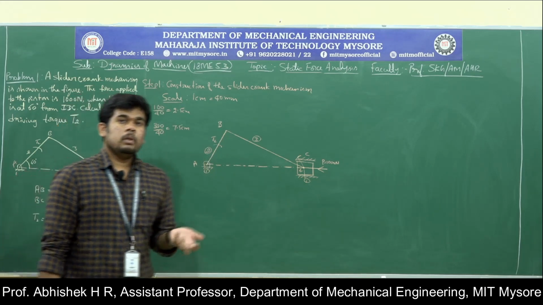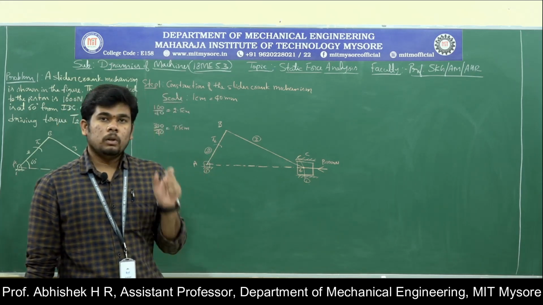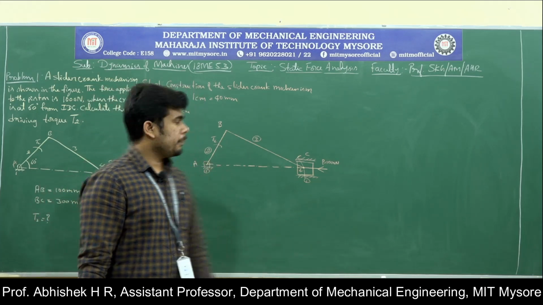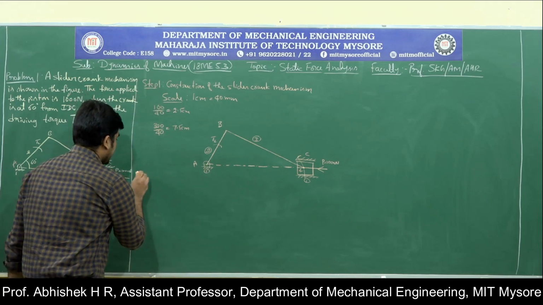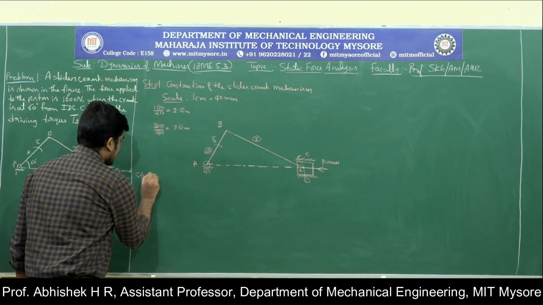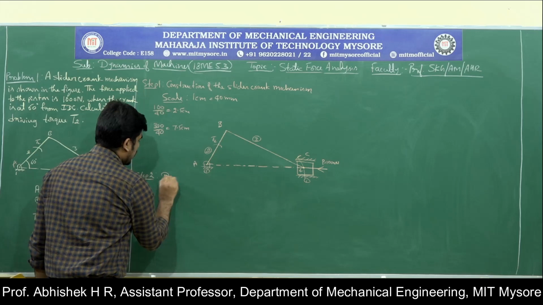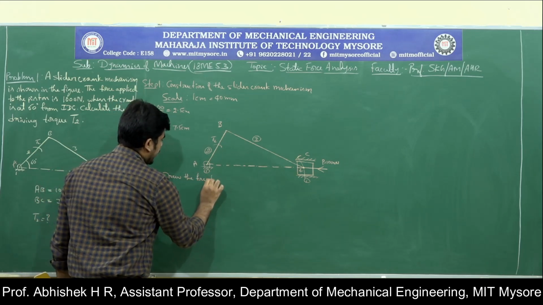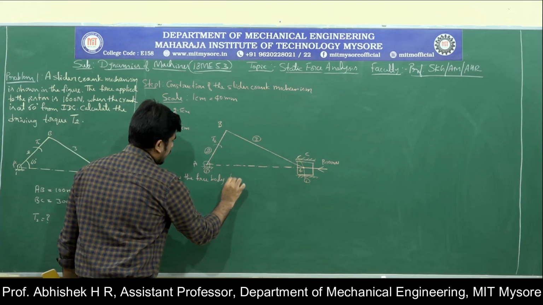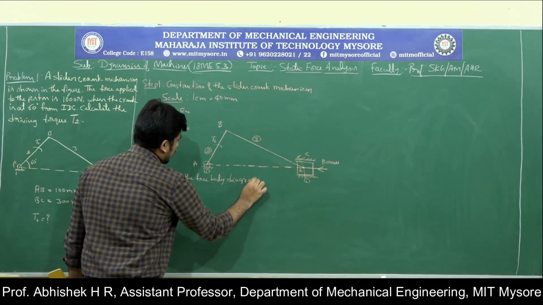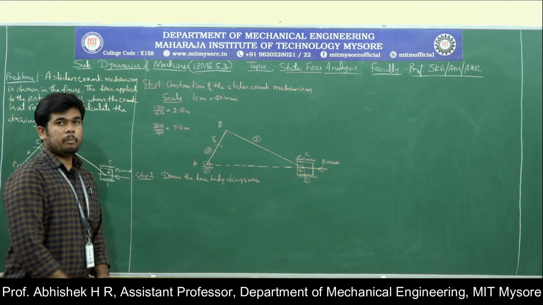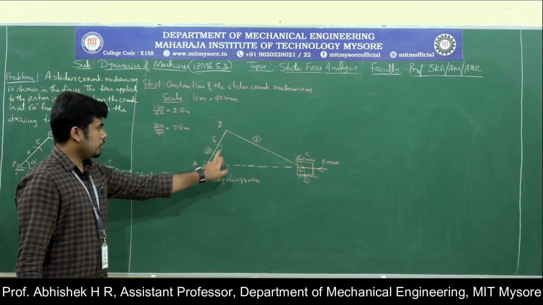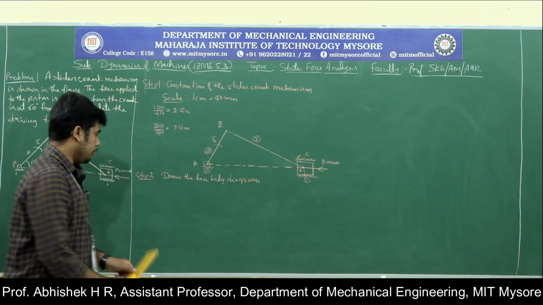What is the next step? Now we have to draw the free body diagrams of the mechanism. Step 2 is to draw the free body diagrams. We have link 2, link 3 as well as link 4.